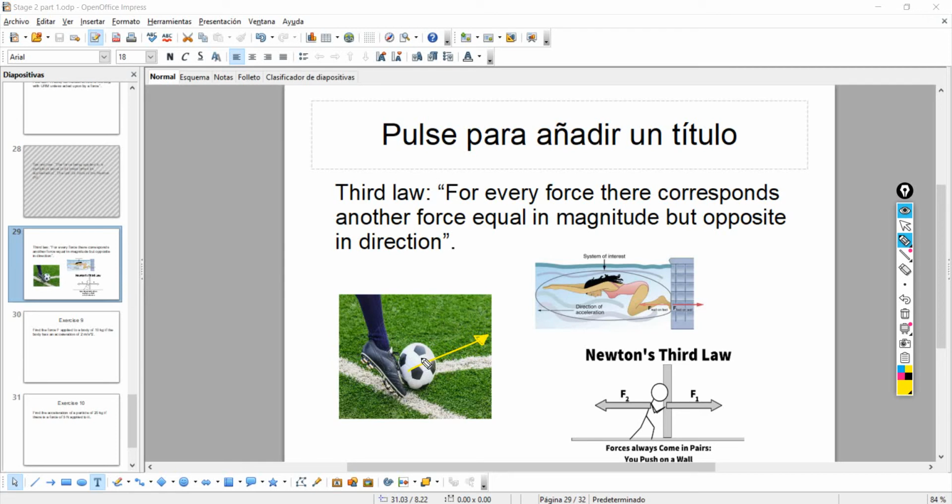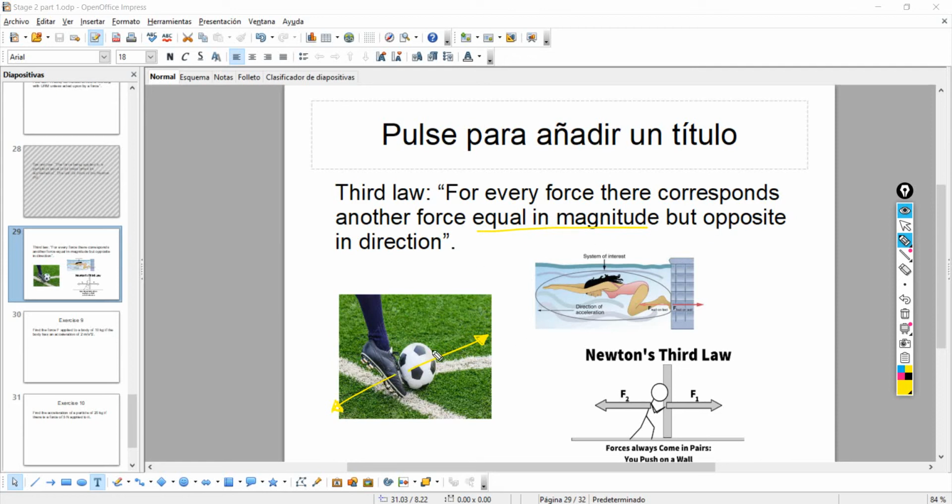When that happens, we also have the opposite, which is the ball hitting the foot in the opposite direction and with the same strength. That's why I'm drawing the arrows with the same length. These two arrows are in opposite directions and they are of the same length, signifying that these two forces are equal in magnitude, but opposite in direction.